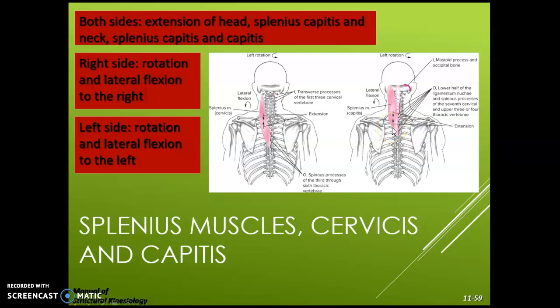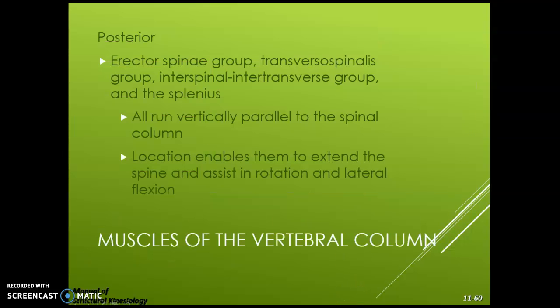The big difference is that splenius cervicis attaches more to the spinal column, whereas capitis, named like capital, the top of the chain, like the head, goes to the base of the skull. So if it's on the mastoid process and the occipital bone, and a person's working on a computer all day, both capitis and cervicis might have to be worked. And by worked, I mean soft tissue work.